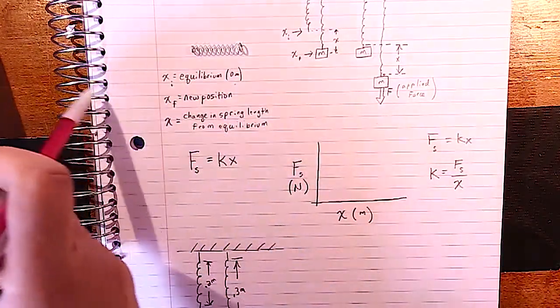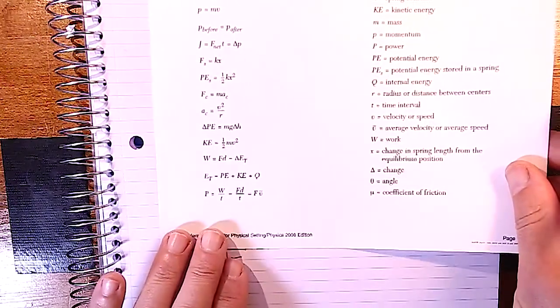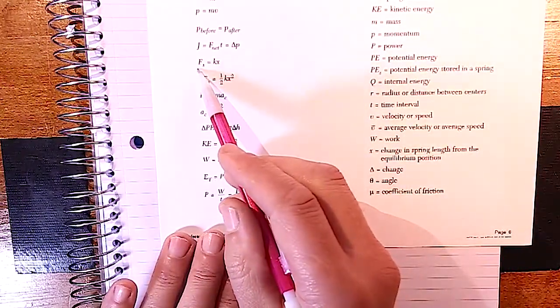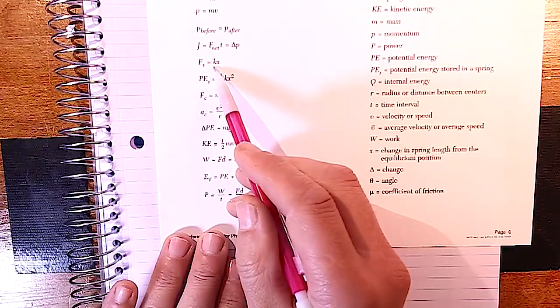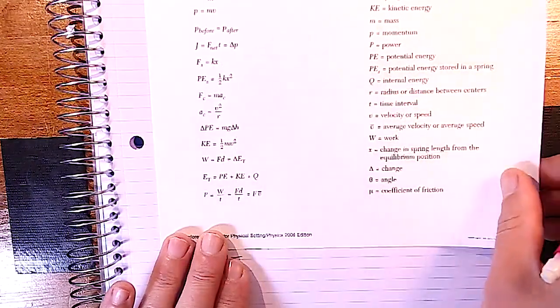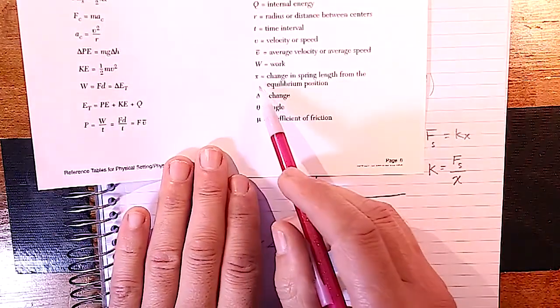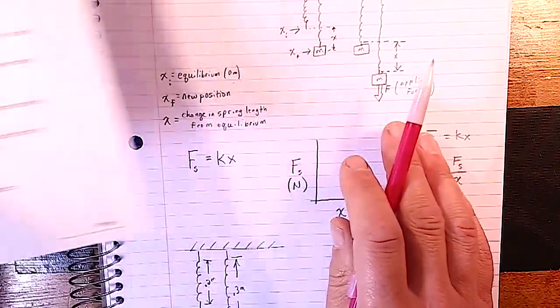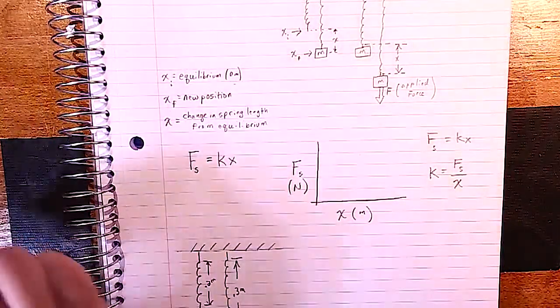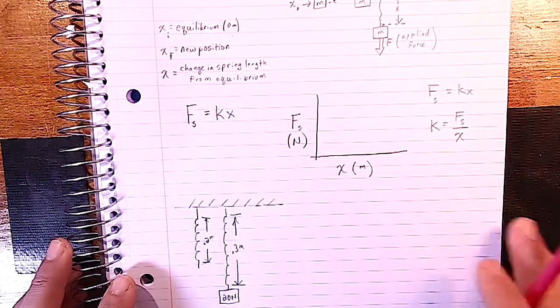and then x is defined as the change in spring length from equilibrium. So when we look at the formula here on the reference table, it's given as Fs, for force of spring, is equal to k, the spring constant, times x. And if you notice, just like I've been saying, x is the change in spring length from the equilibrium position. So what is Fs?